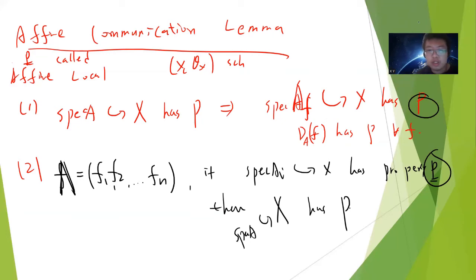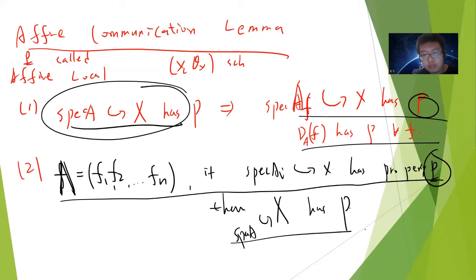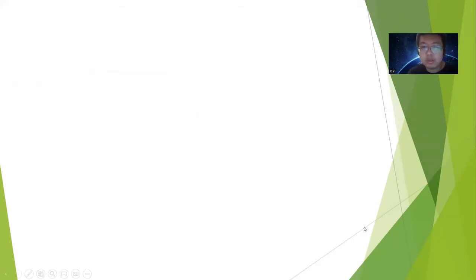Affine local is just saying that if all the smaller ones have property P, then the larger one has the property P.